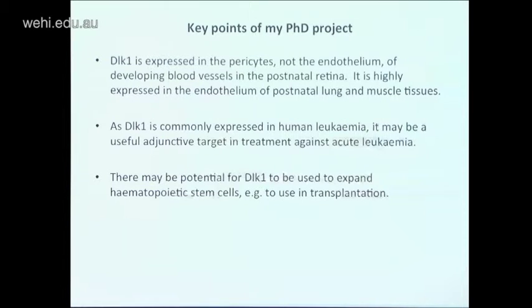And I think there might be potential for Dlk1 to be used to expand hematopoietic stem cells, not only because it seems to confer some competitive advantage, but also because there have been publications in the past and recently showing that activated Dlk1 expression seems to be important in maintaining pluripotency, and soluble Dlk1 has been used to expand cobblestone areas. So with all those, there may be a potential for Dlk1 to be used to expand stem cells.